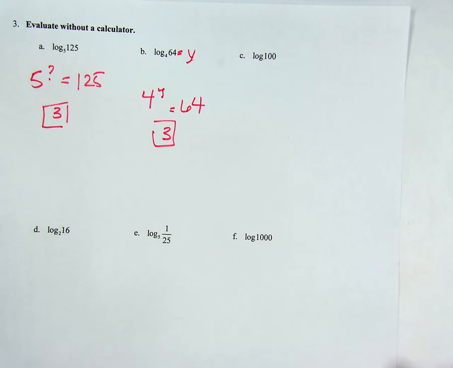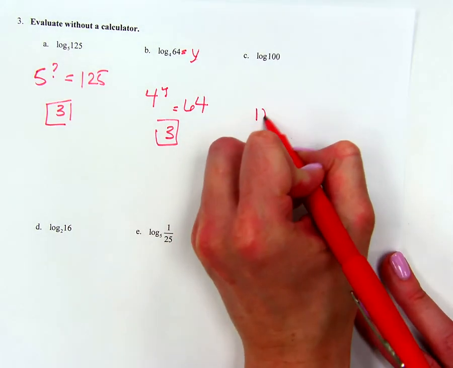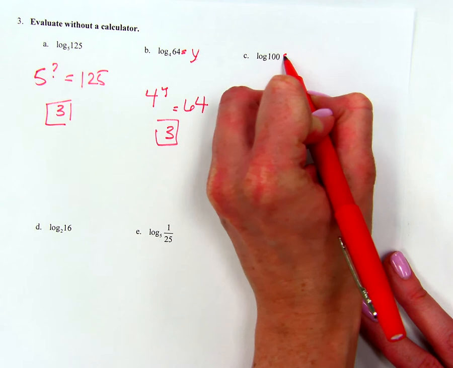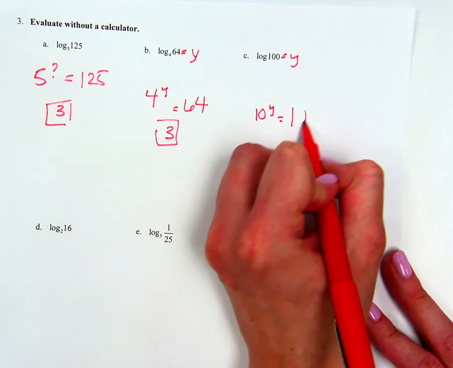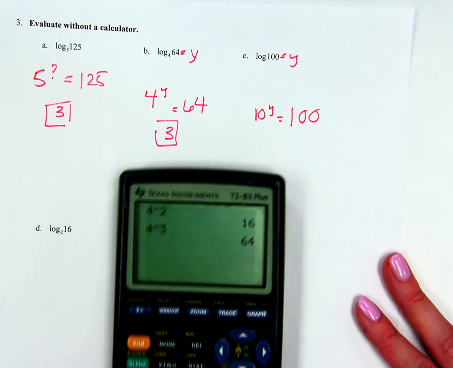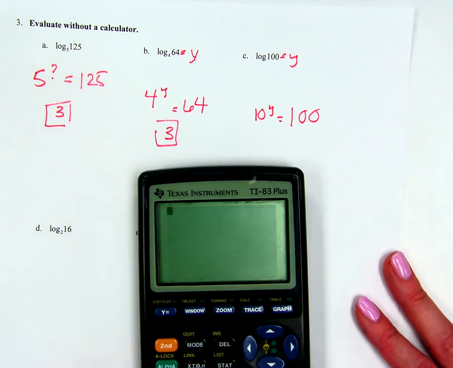For C, we're raising 10. You can put to the y if that's easier for you. So 10 to the y equals 100. Same thing again. I'm going to start with 10 squared, and that's 100.